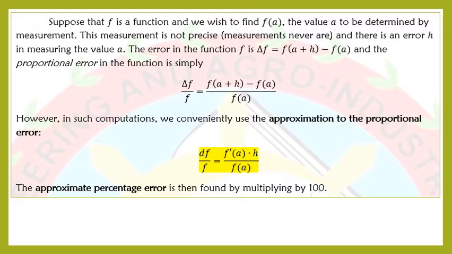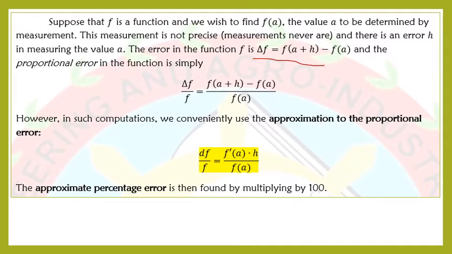Suppose that f is a function and we wish to find f of a, the value a to be determined by measurement. This measurement is not precise. Measurements never are, di ba? And there is an error h in measuring the value a. So the error in the function f is delta f equals f of a plus h minus f of a.